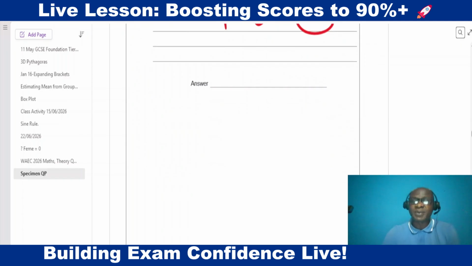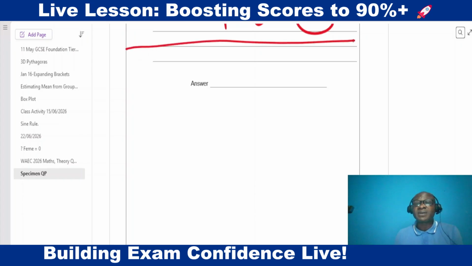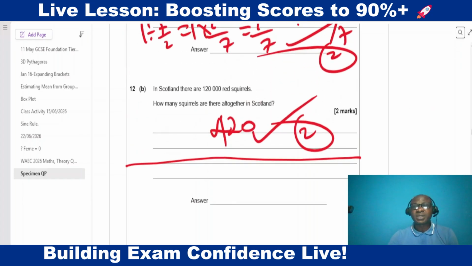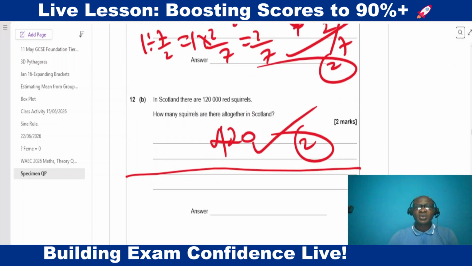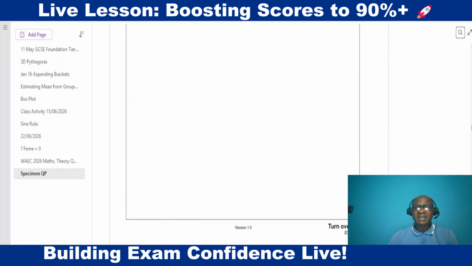Okay, let's sum these ones up. We will evaluate the remaining ones in the next lesson. And how many marks is this one? This last one is allocated 2 marks. So you missed one mark 3 times.